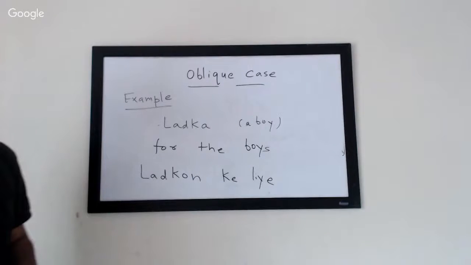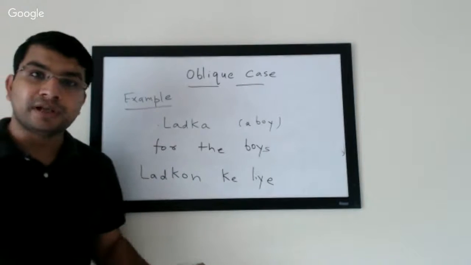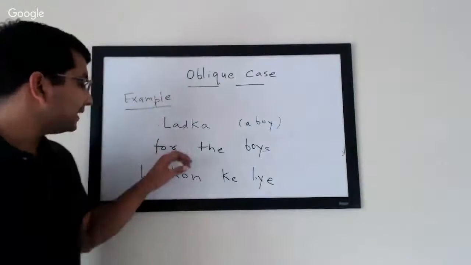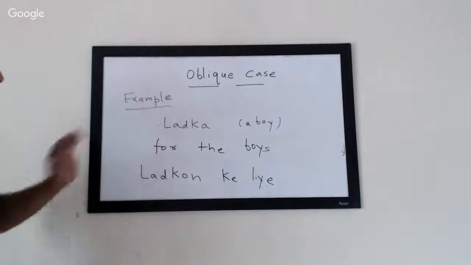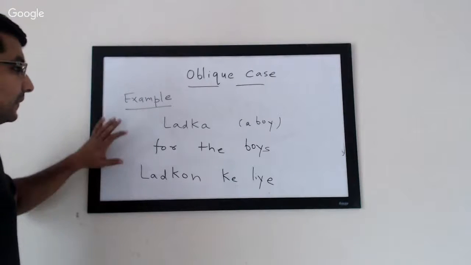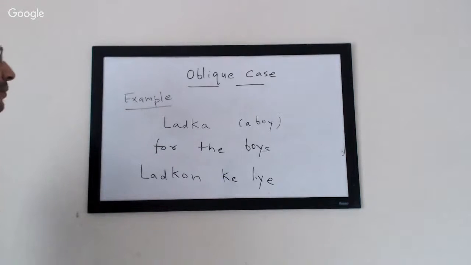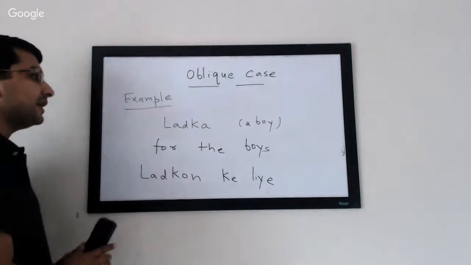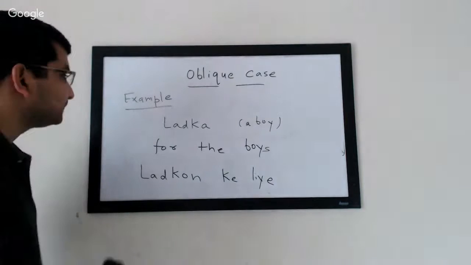Okay, so I hope this is making sense, right? The reason we use the oblique case is because there's a postposition after the noun here, and that's why your noun gets inflected. Okay, so this was a simple example for masculine singular and masculine plural. Let's look at the same scenario for the feminine singular and feminine plural.